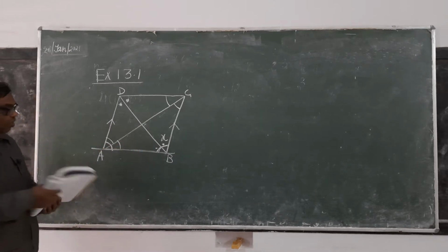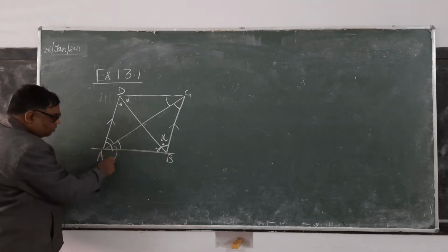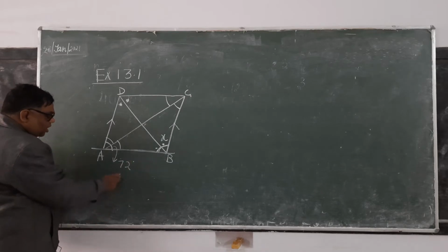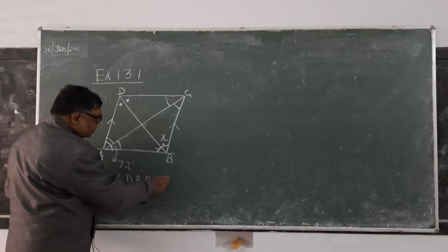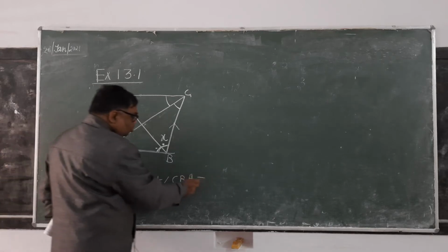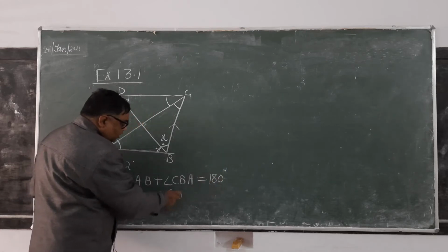180 degree. Now this angle A is given 72 degree. So you can write down angle DAB plus angle CBA equals to 180 degree. Why? Co-interior angle.